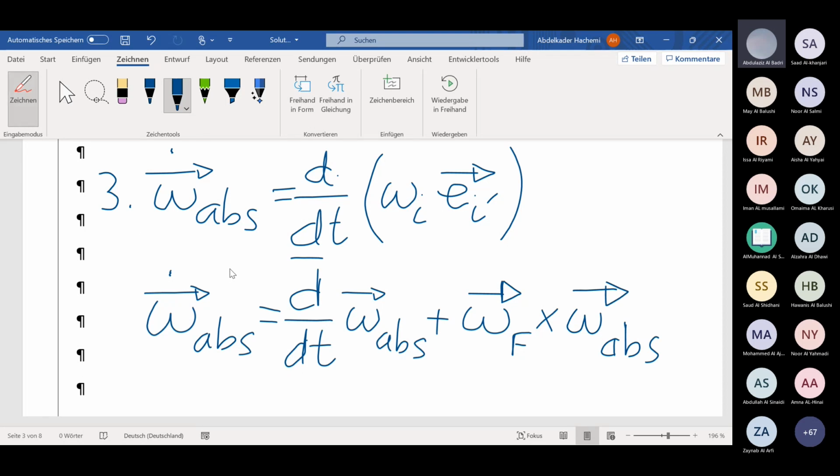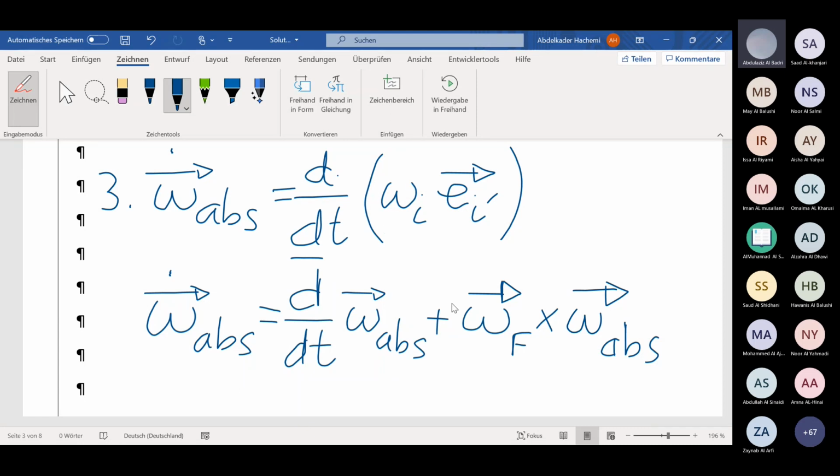That means from here we have d over dt of omega I a prime, so we will get the local derivative of omega, plus omega I d over dt of a I prime.